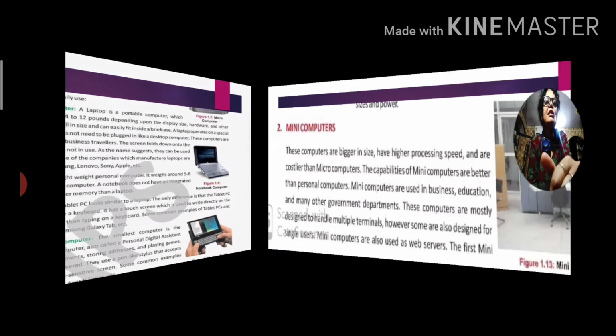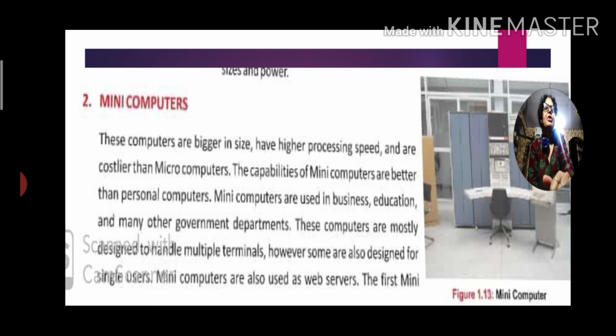Now we will see minicomputers. The second category of digital computer is the minicomputer. First we studied microcomputers, now we will read about minicomputers. They are comparatively bigger in size.